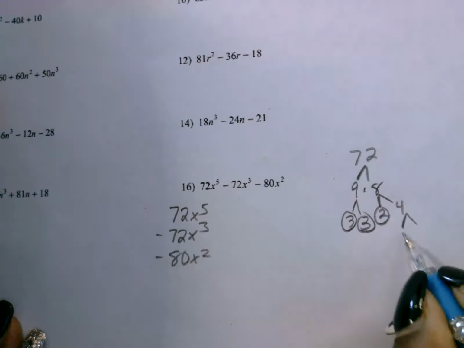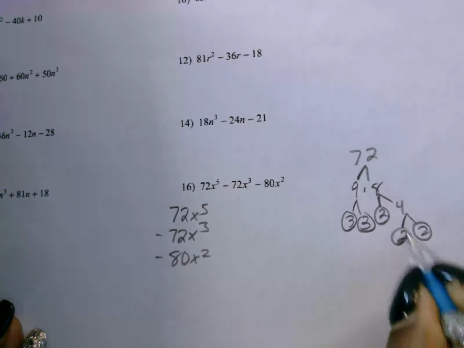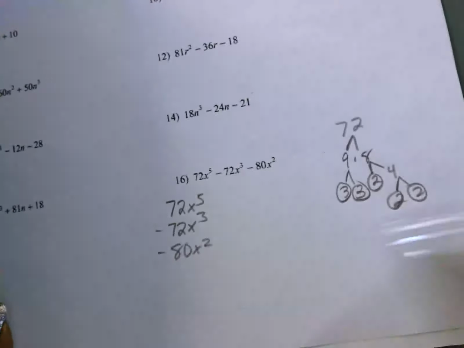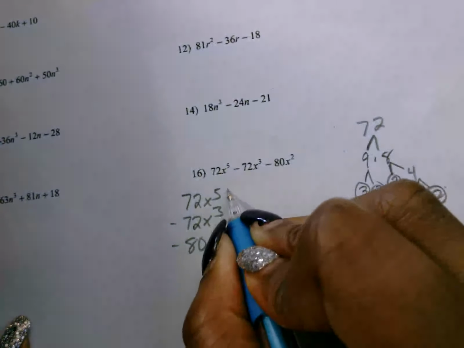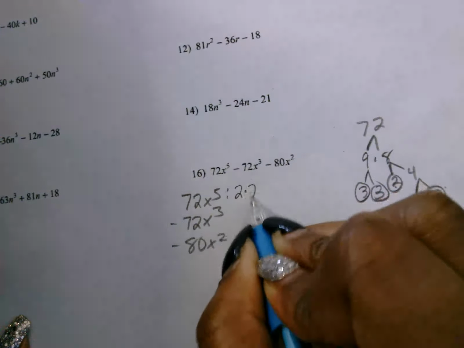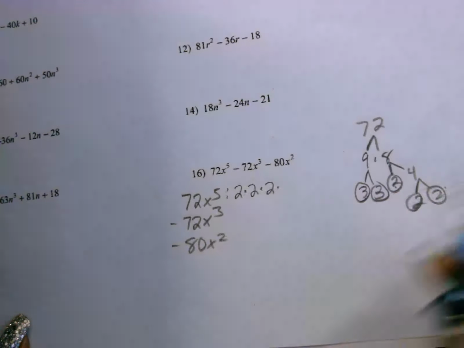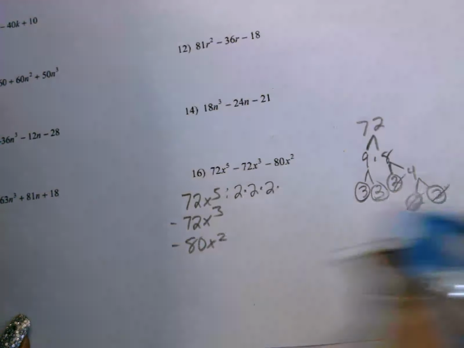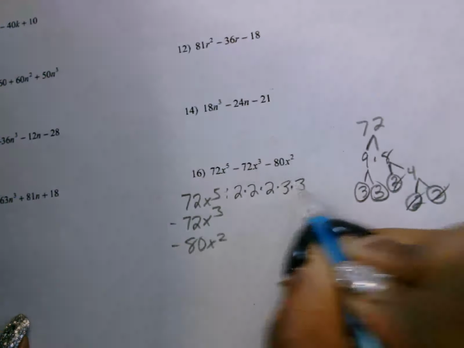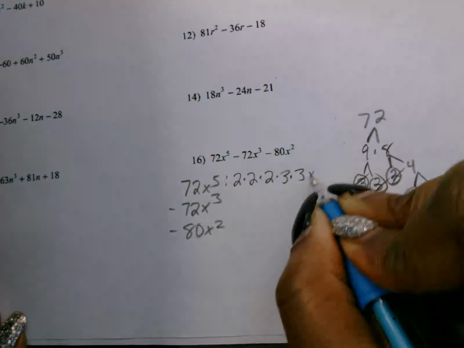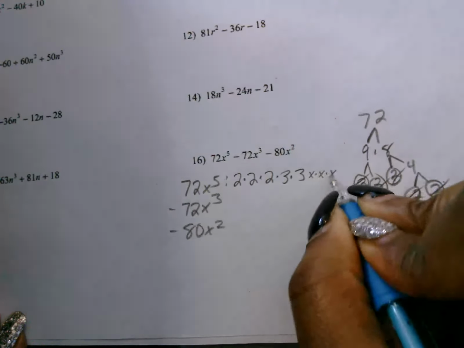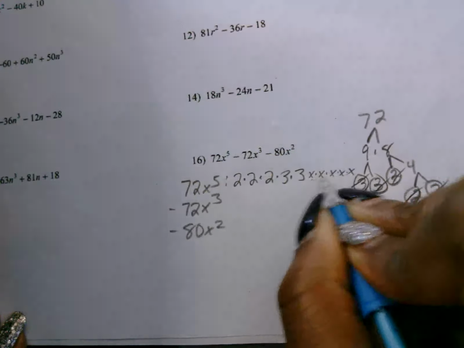Break down 4 to what? 2 and 2. So in order, the lowest number, how many 2's are there? 3 2's. So we have 2 times 2 times 2 times, how many 3's? 2 3's. Very good. And then how many x's? 1, 2, 3, 4, 5.